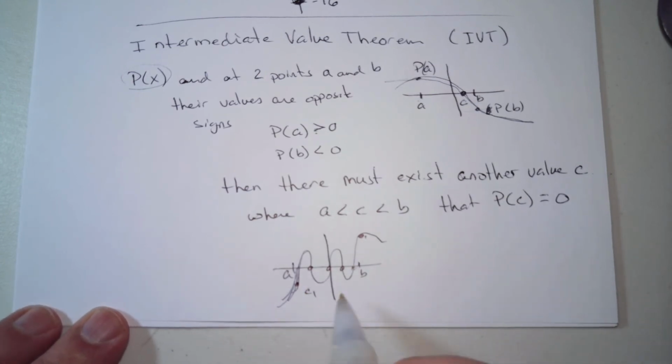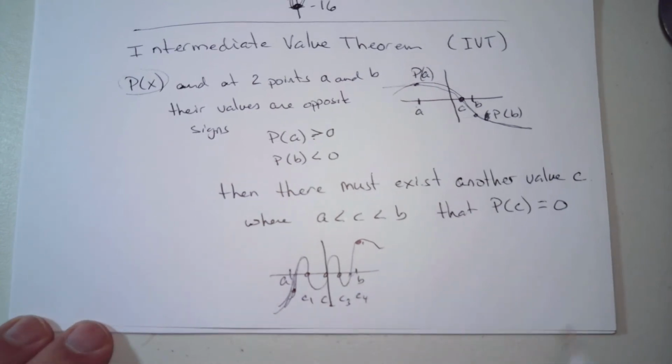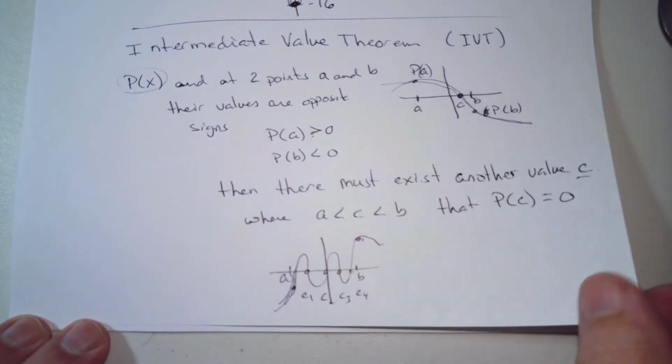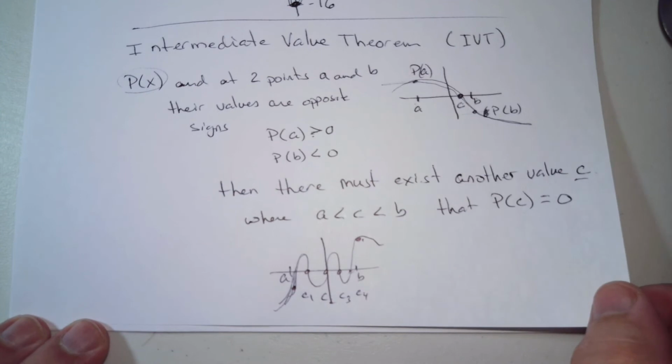So this is 1 point, 2 point, 3 point. We can have 4, again, depending on the graph and what A and B you pick, there could be a number of x-intercepts. And that's what the C value represents, the x-intercepts. All right, so that's what the intermediate value theorem states.